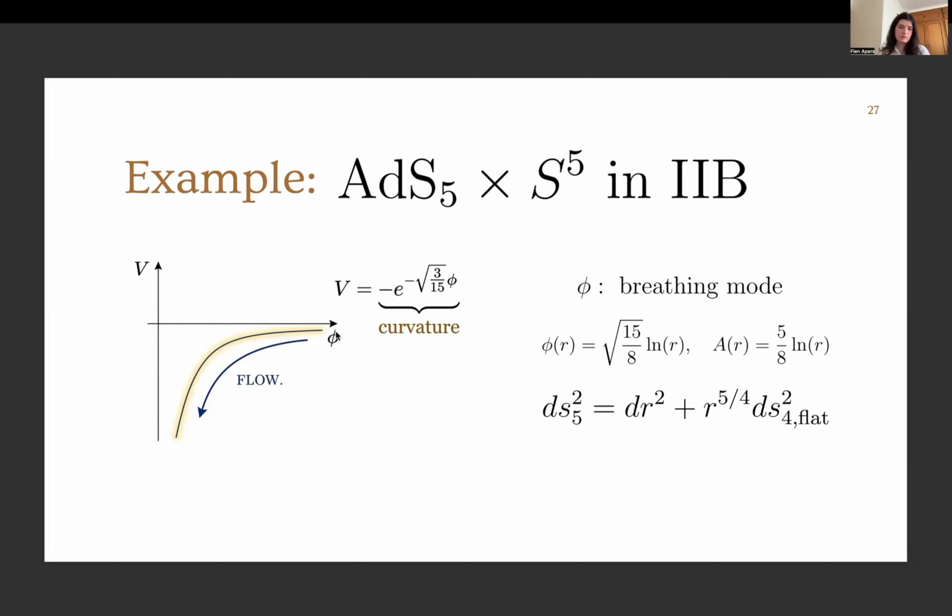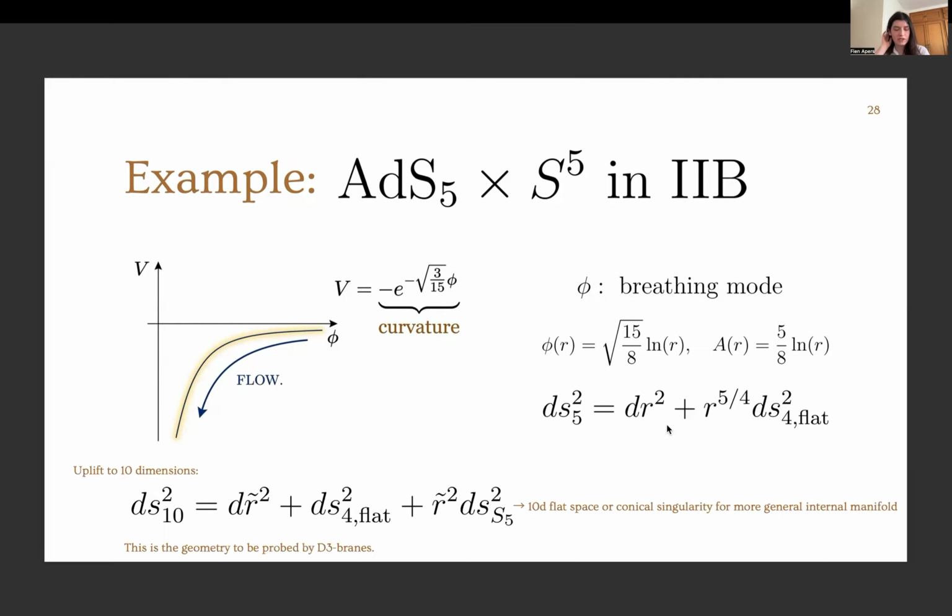So we can simply solve for this flow. We find some profile for the moduli. We get this 5-dimensional domain wall geometry, which uplifted to 10 dimensions takes this form. I've written it here in terms of a rescaled radial coordinate, which is the orthogonal distance to the D-branes. There's the flat, non-compact part, which is along the D-branes, and then we have the extra dimensions.